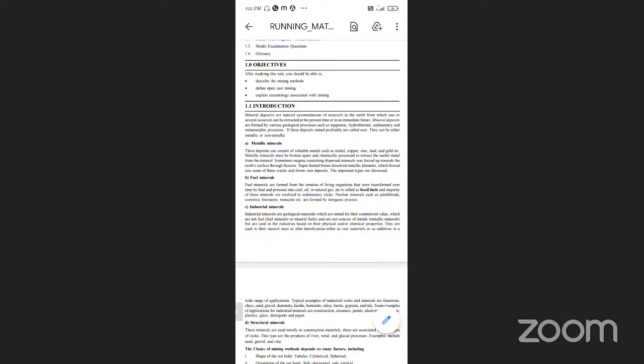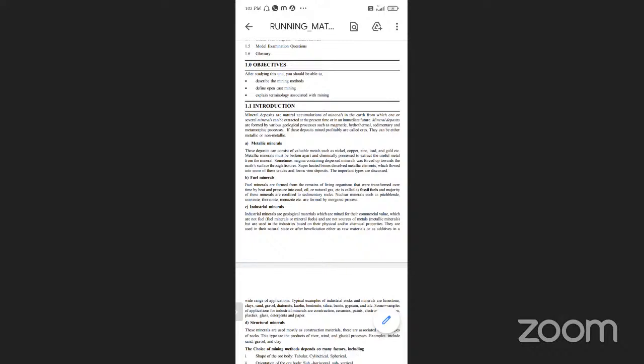So if these deposits are mined profitably, when we extract these minerals at a profitable extraction, then we can say those minerals are economic minerals. It means an ore mineral or an economic mineral.